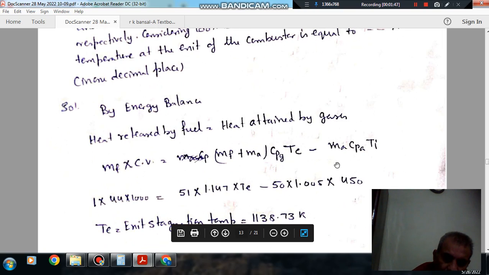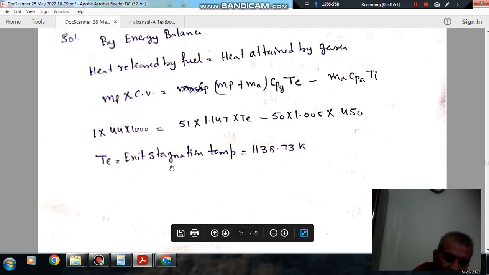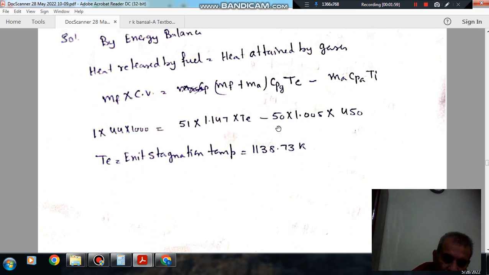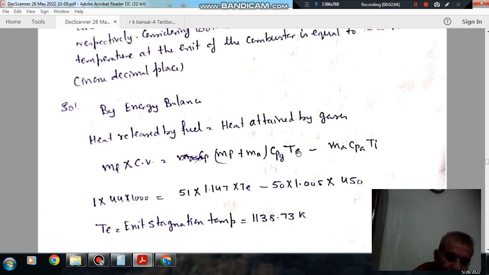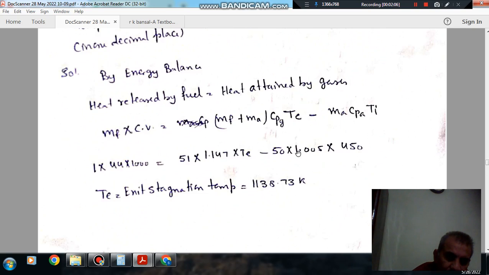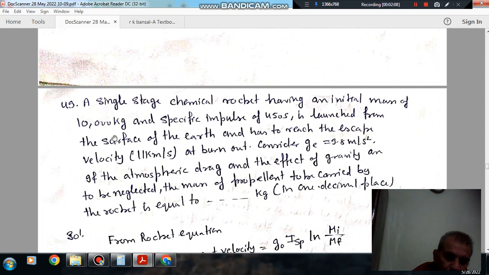So ma is 50 and cpa is your specific heat of air, and Ti is the inlet temperature of air. So T is your exit stagnation temperature, that is 1138.73 Kelvin. So that comes out from this calculation.